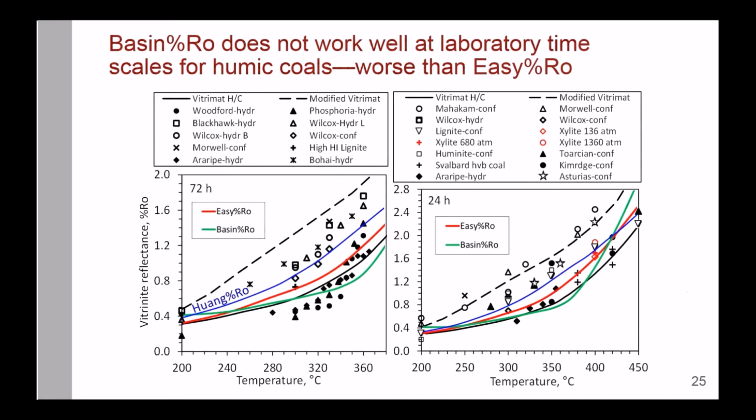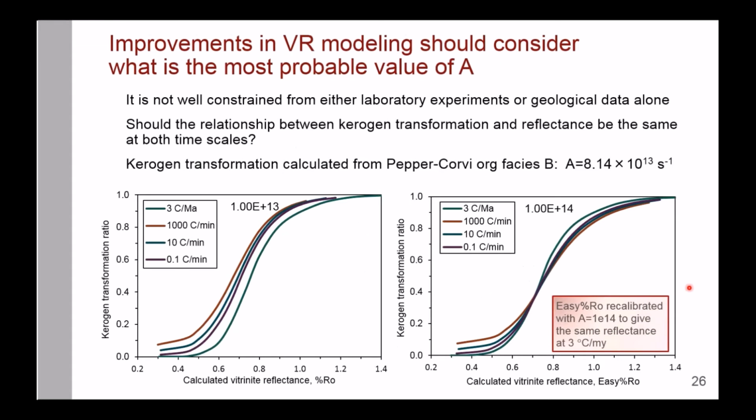So what is one possible issue? This gets back to this issue with the BP calibration, and actually a paper by Doug Waples, he was saying that, well, you know, people do a poor job of measuring kinetics, and so you're better off assuming a frequency factor of 10 to the 14th or 2 times 10 to the 14th.